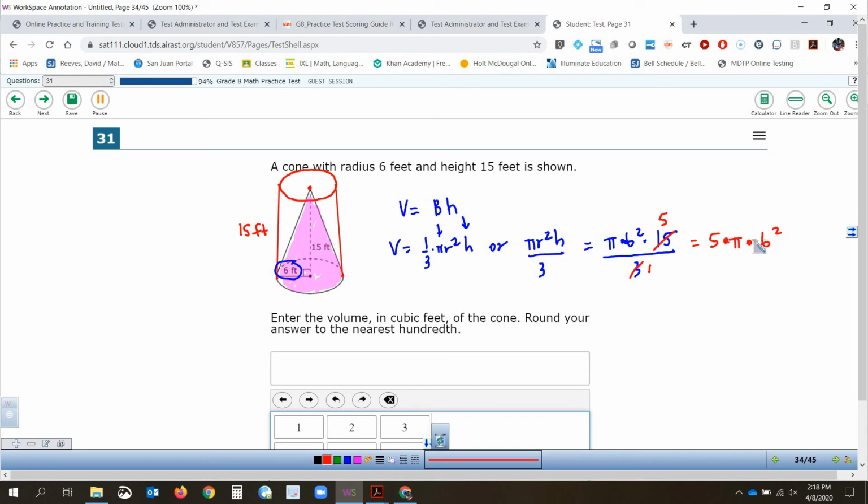Or because this is multiplication, I can actually do this in any order I want to because of the commutative property. So 5 times pi times 6 squared. You might even mentally say, well, I know what 6 squared is. 6 squared is 36. So 5 times pi times 36. And that will give us our volume.